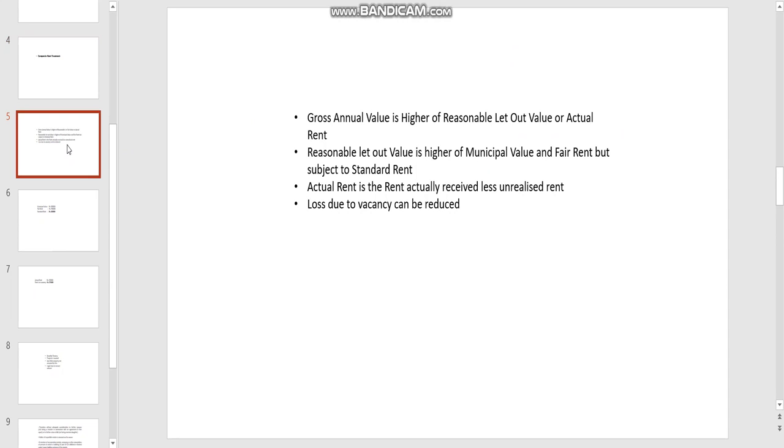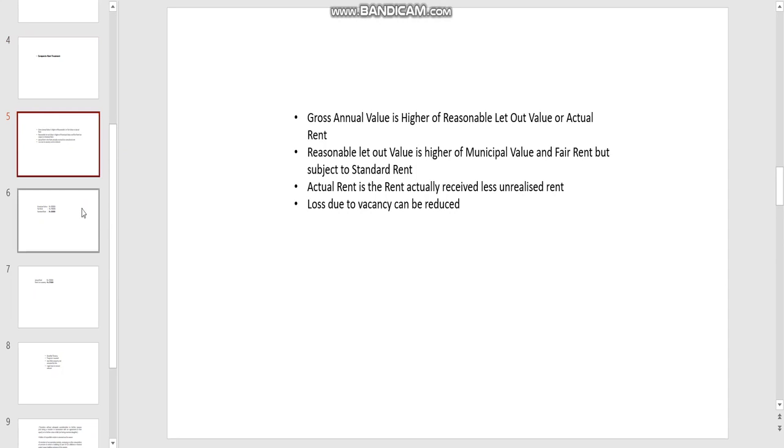Now, municipal value is defined as the value which is adopted by the local municipal authorities for charging municipal taxes. Fair rent is the reasonable rent which is expected to be received from similar shops or flats in the same area. And standard rent has been defined as the maximum rent which an owner is allowed to charge as per the Rent Control Act.